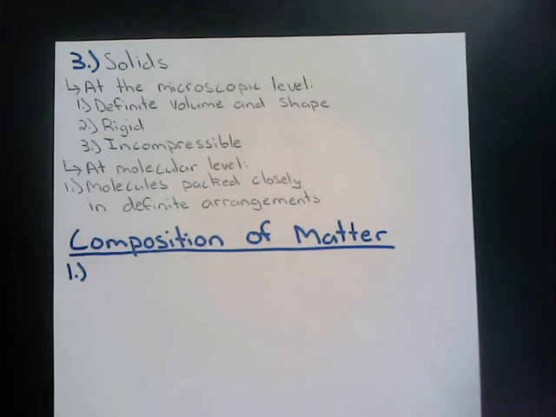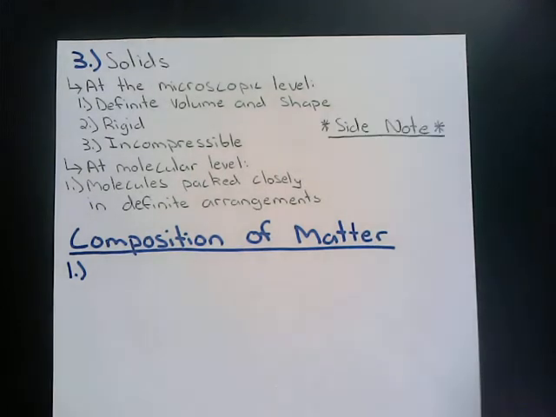So we've talked about the three states of matter that we will see in this class. And now I want to have a little bit of a side note, and that is talking briefly about phase changes. So one state of matter can transition to another state of matter under two changes or under two alterations to their circumstances.